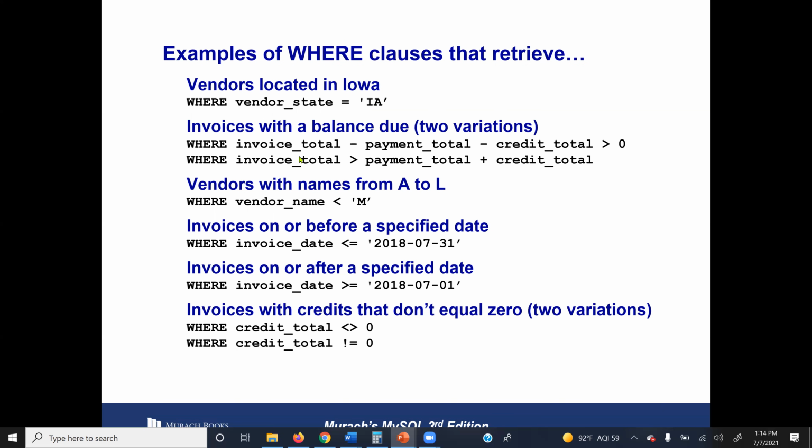So here we have where invoice total minus payment total minus credit total is greater than 0. Then we do something. And also we have vendors with names from A to L, so we say where vendor name is less than M.